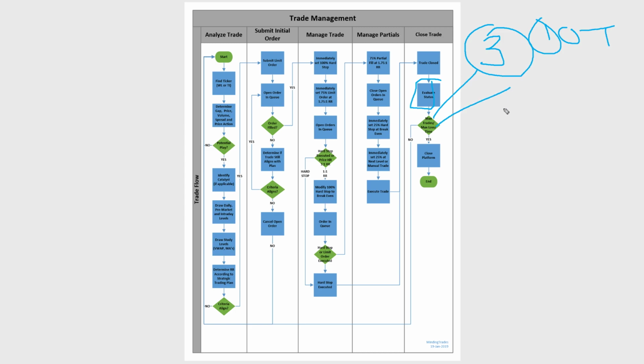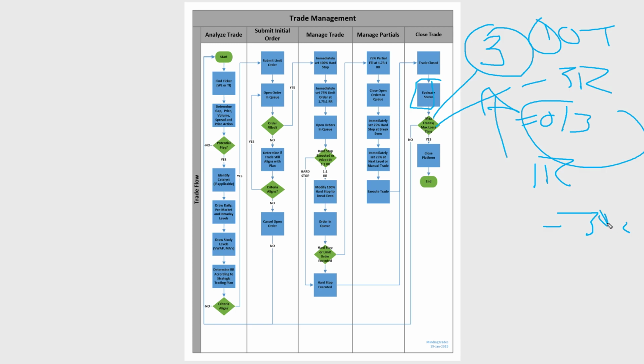Two, max loss. My max loss is minus 3R, because I'm only maxing 3 trades. Each trade is 1R, so 3 Rs.